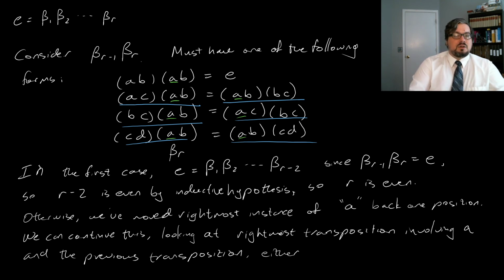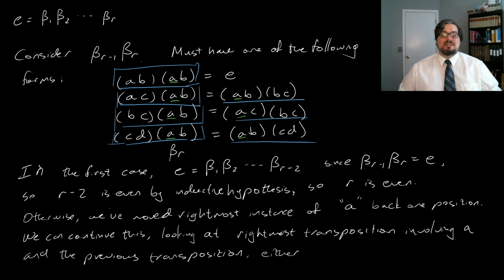Every time we do this, we're going to have a product of transpositions that looks like one of these four. Every time we look at the transposition that has the rightmost instance of A showing up, in each case, we either cancel those transpositions, as in the first case, or we replace them with a new pair of transpositions in which the element A has moved backwards by one position.